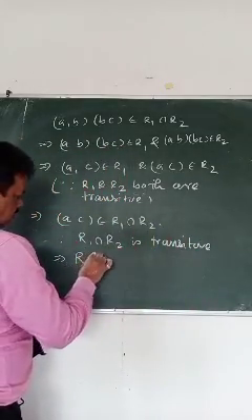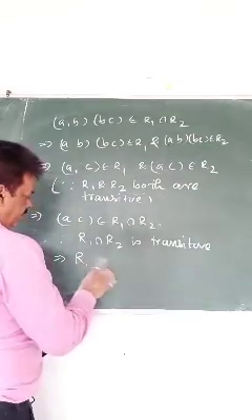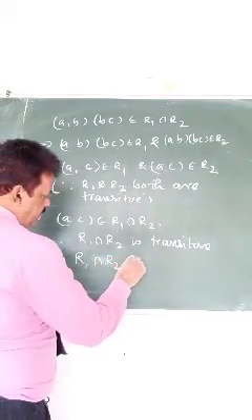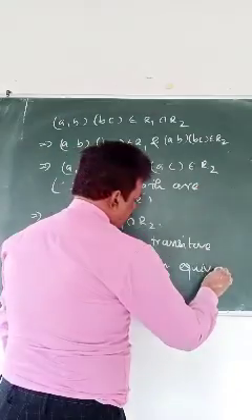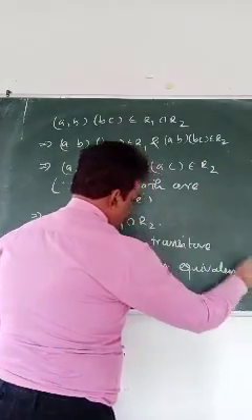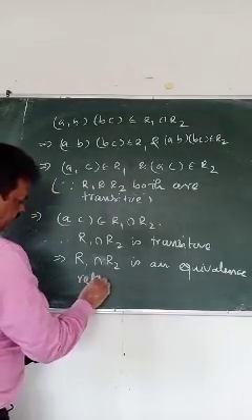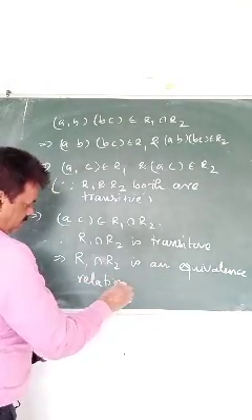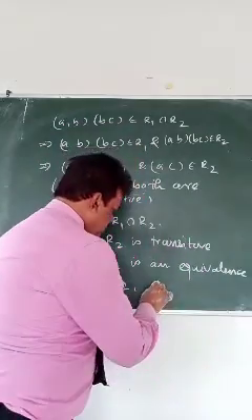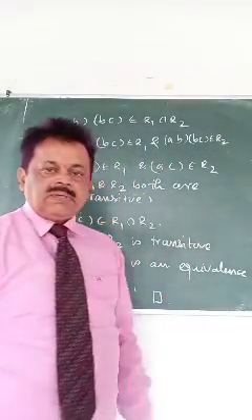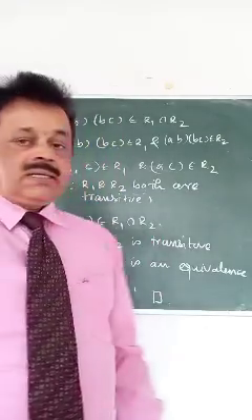Implies R1 intersection R2 is an equivalence relation. Okay, so this completes our relation part. Function part we will start in the next class.